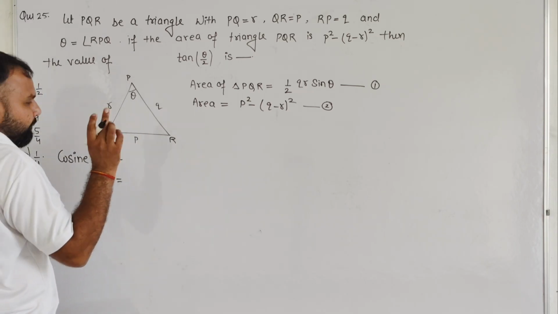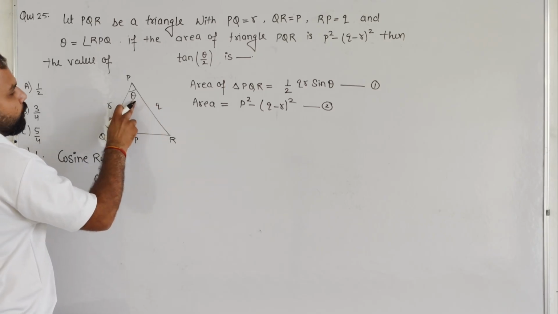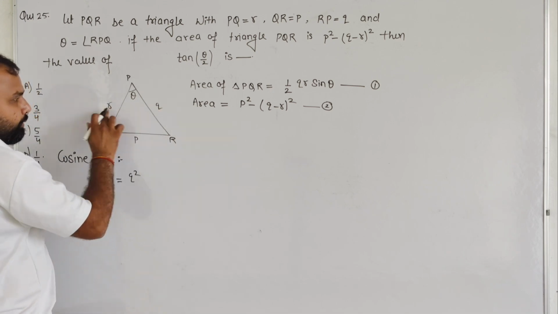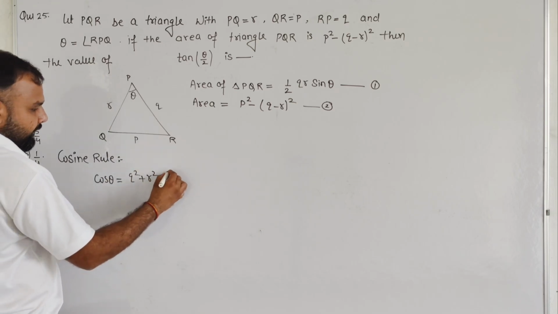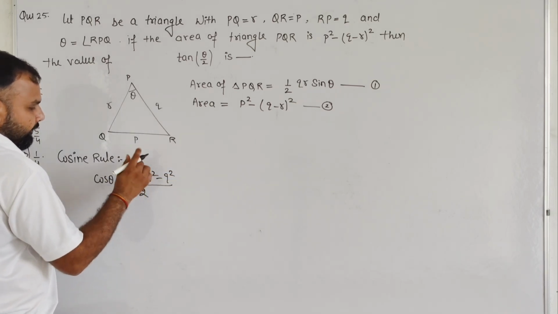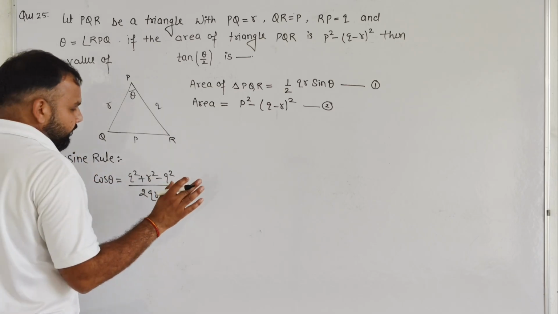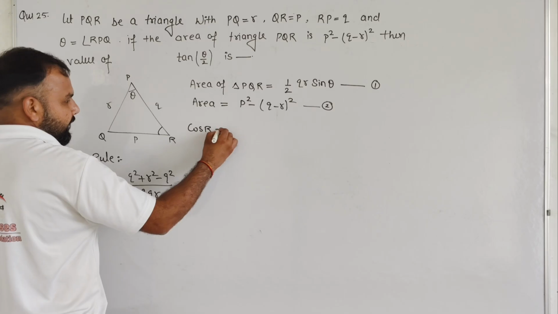Student, cosine rule basically: sum of squares of the adjacent sides. If you need to find the value of cos theta, you take q square plus r square minus the opposite side square, divided by 2 times q into r. This is the cosine rule. You can calculate, student. If you need to find out cos r, so basically student, what is the cos r?